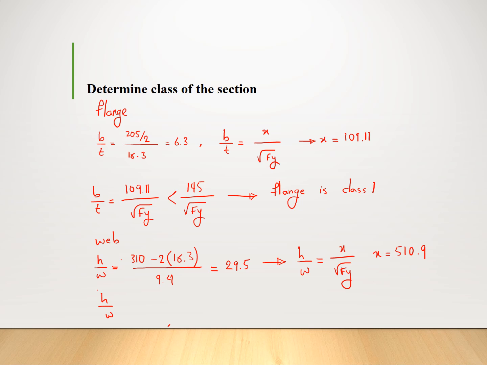And as you can see in the table, H over W, which is 510.9 over square root of Fy, is lower than 1100 over square root of Fy. Therefore, web is class 1. So web is class 1, flange is class 1, section will be class 1.